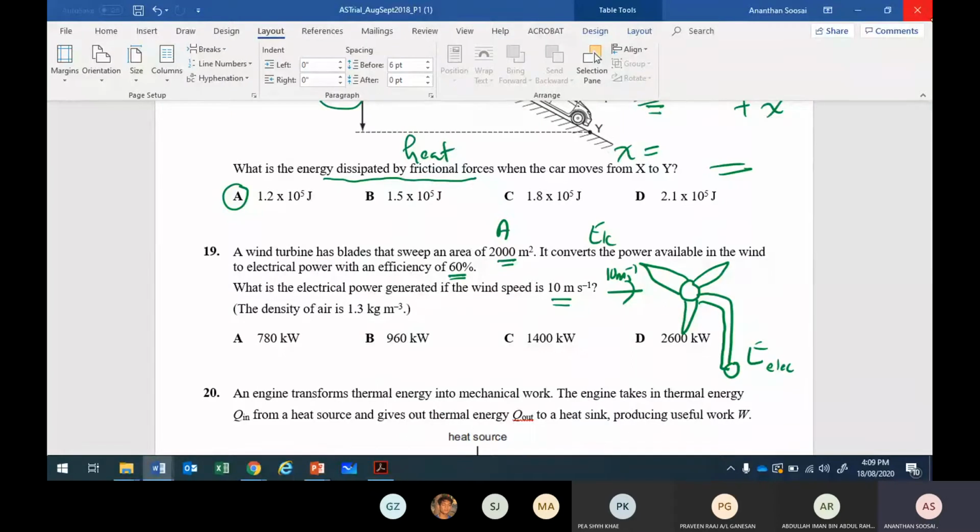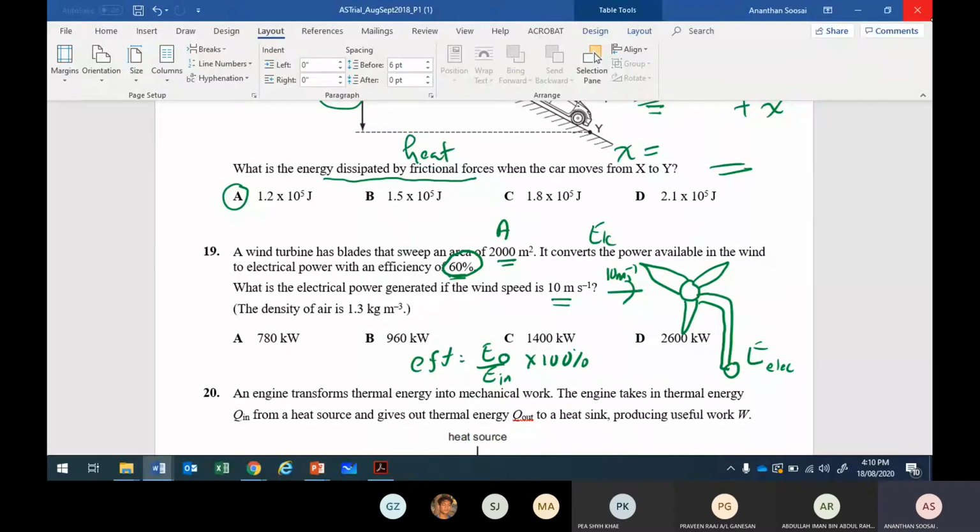But this turbine has an efficiency of 60%. Efficiency means what? Output energy over input energy times 100% is efficiency.